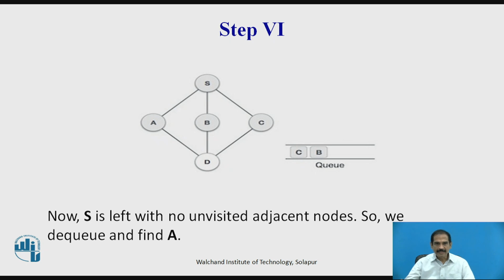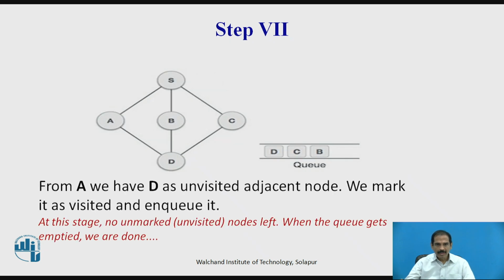Now we see that S is left with no unvisited adjacent nodes. So we dequeue, and when we dequeue, first we find A because it is first come first served, and therefore A comes out from our queue. From A we have D as an unvisited adjacent node.